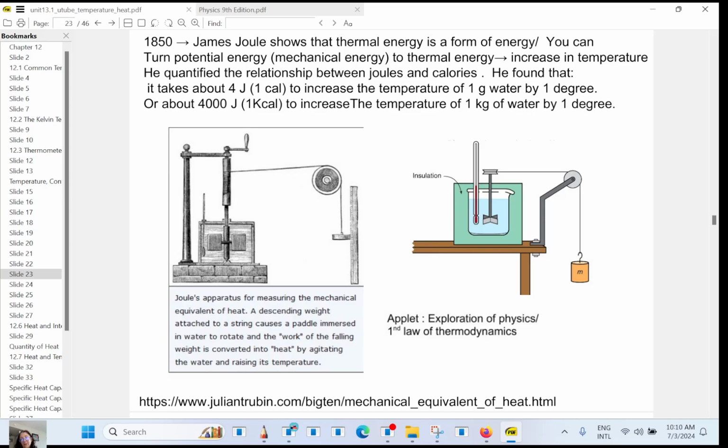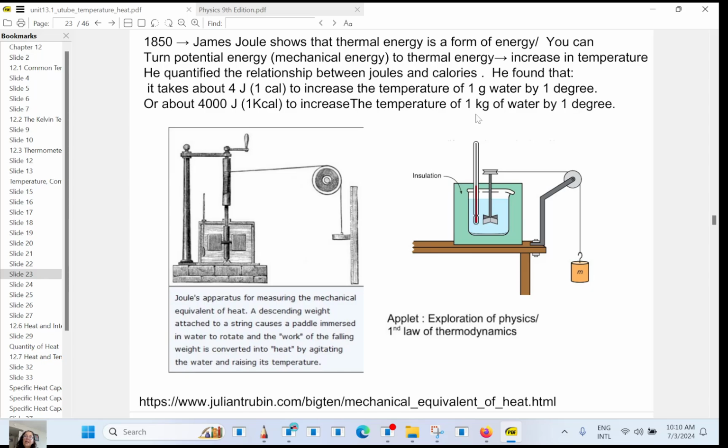So it's 1,000 calories, an uppercase Calorie. So he was able to quantify that it takes 4,000 joules to increase the temperature of 1 kilogram of water by 1 degree.